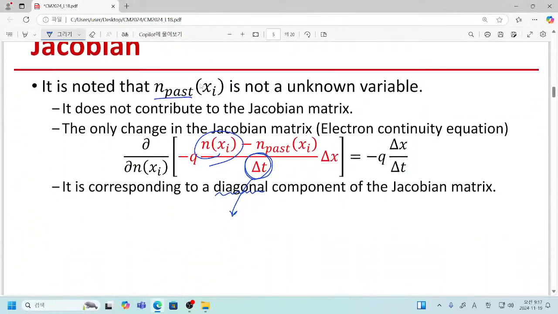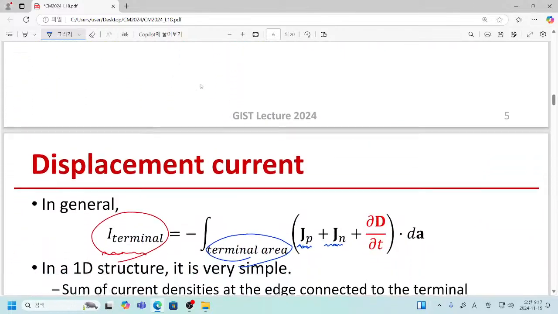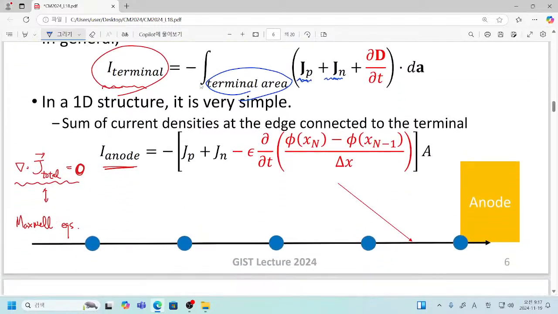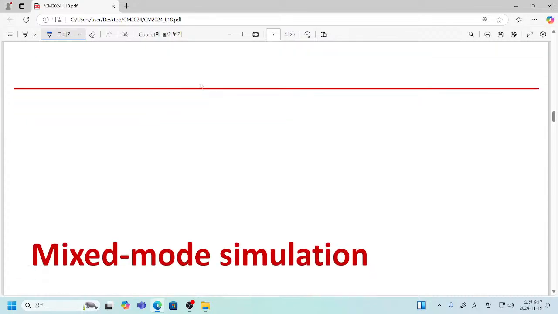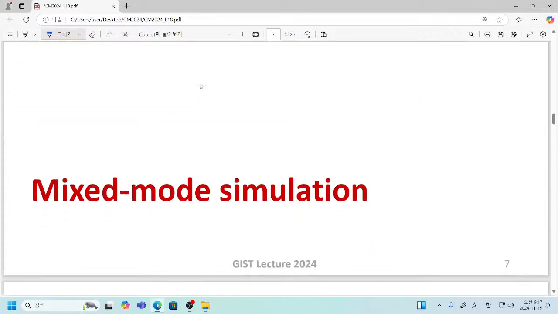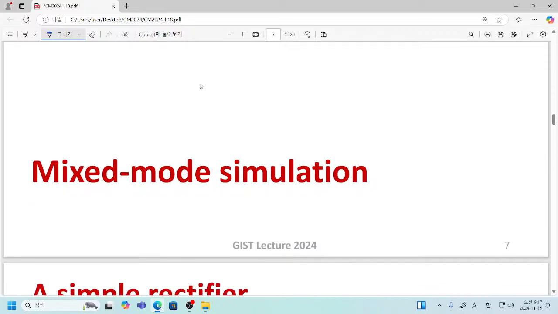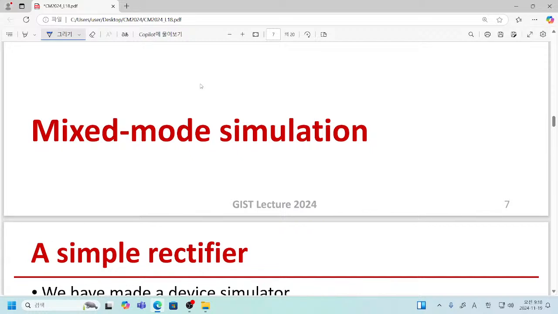Simply speaking, transient simulation itself is not that difficult as long as you have already implemented this simulation well. So now let's try to use it for more realistic cases.